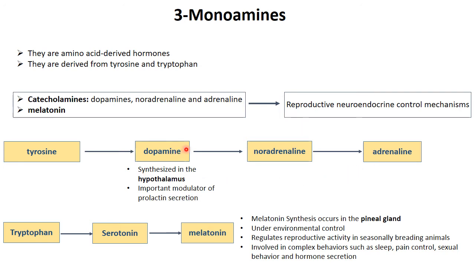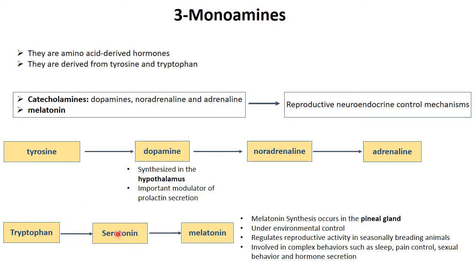But regarding the reproductive function, dopamine is a modulator of prolactin secretion, and the catecholamines also have an effect on the uterine muscles.